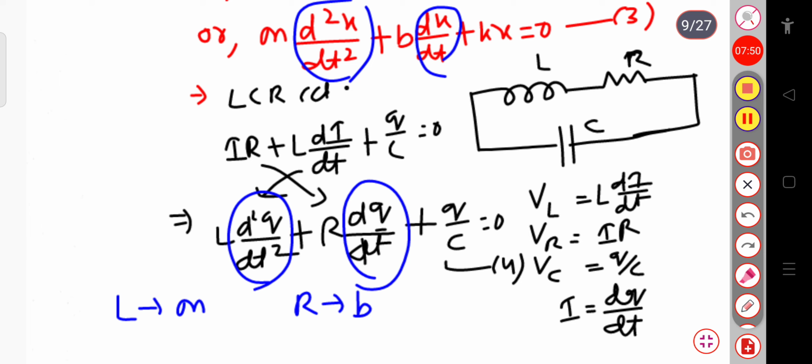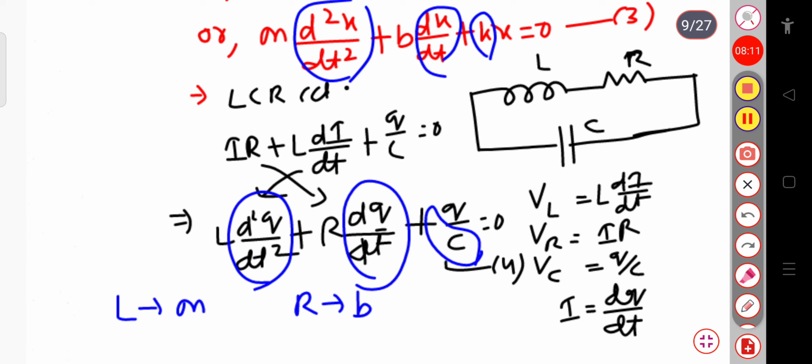And similarly here, in kx, x is the variable. So if I take the coefficient of x, that is k, here the coefficient of q is 1 by c. Why q? Because you know here d square q by dt square, dq by dt, and here also q, this is a function.